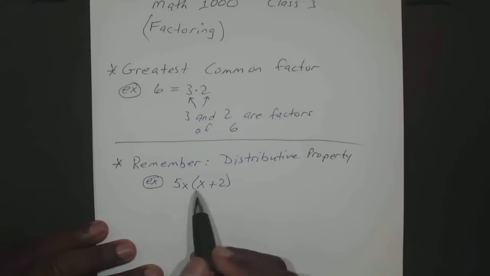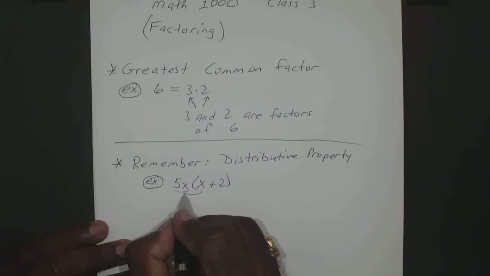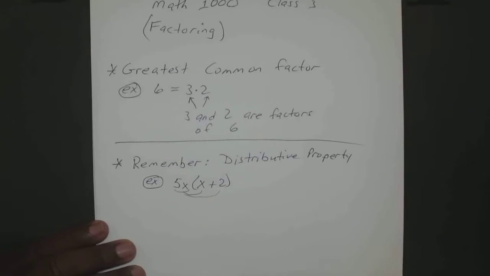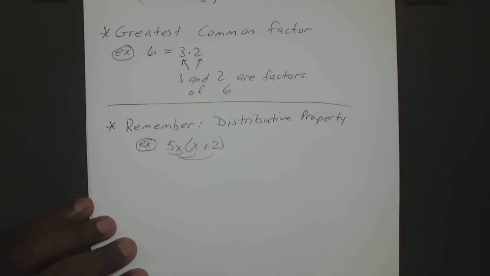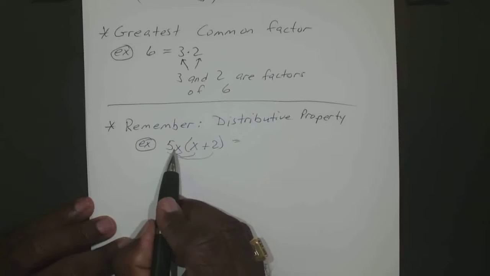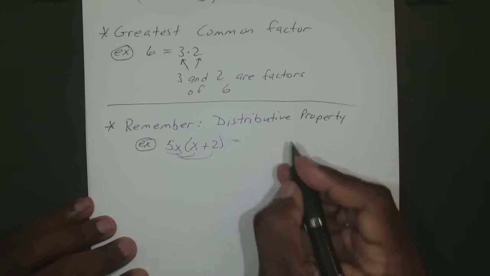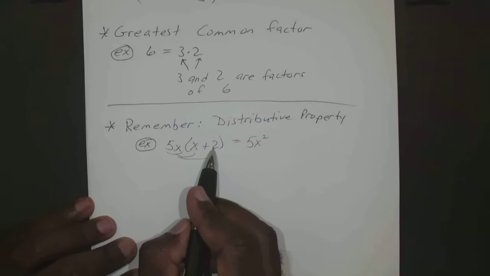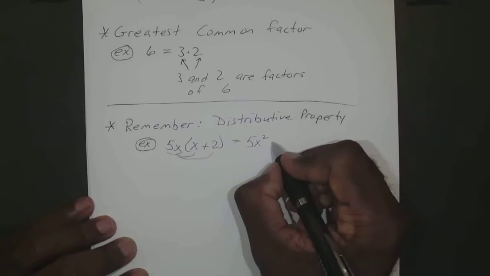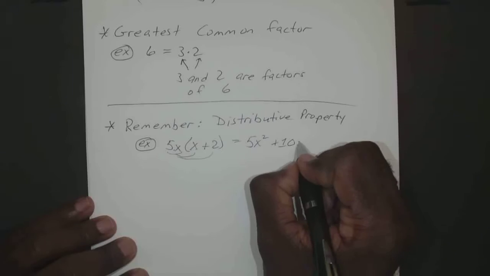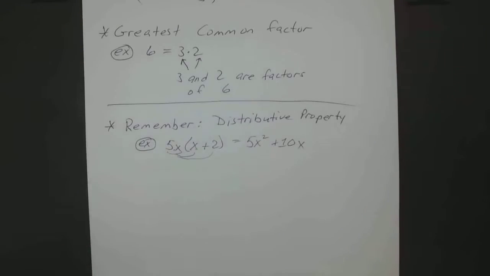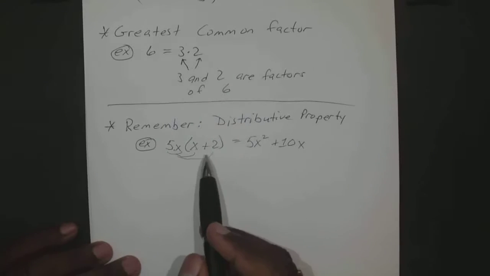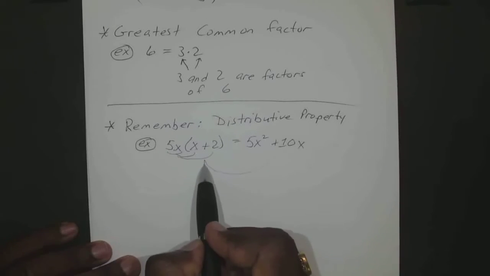All you have to do is get this and distribute it to each of those terms. Okay, so 5x times x will give you 5x squared. And 5x times 2, 2 times 5 is 10, so that would give you 10x. Now, the greatest common factor just does this in reverse.